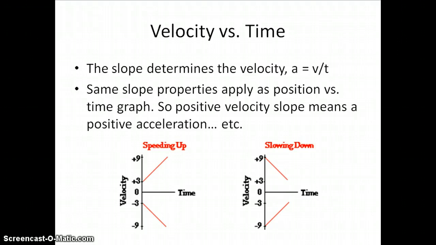So that means you're speeding up, but you're going in the negative direction. So what's going on here is that you are going in the positive direction and you're slowing down until you stop. And then right here at 0, you turn around and you start speeding up in the other direction. I know that's a little confusing, but take a little minute to think about it, and we'll move on.